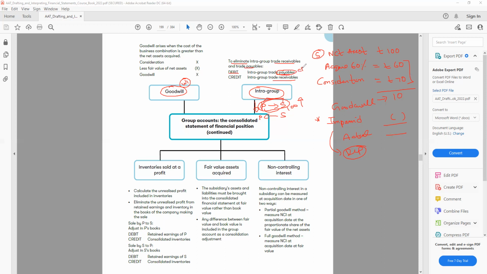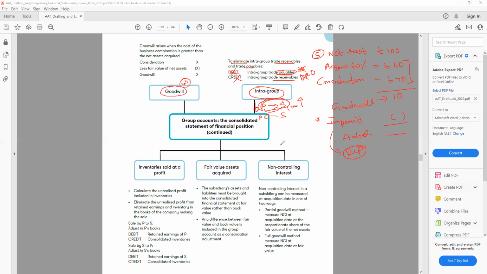Normally, it is credit. So if I make it debit, it will cross each other. Normally, the trade receivable is an asset. It is debit. If I make it credit, it will cross each other. So the impact will be 0. So intergroup transactions have to be eliminated, and for that reason, you have to do the reverse entry to make it 0.